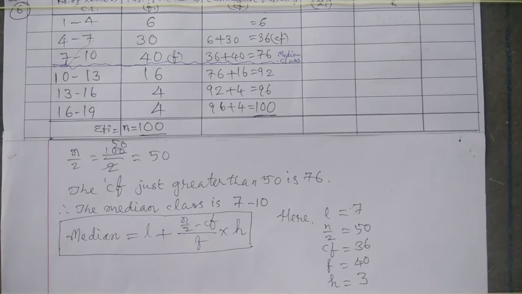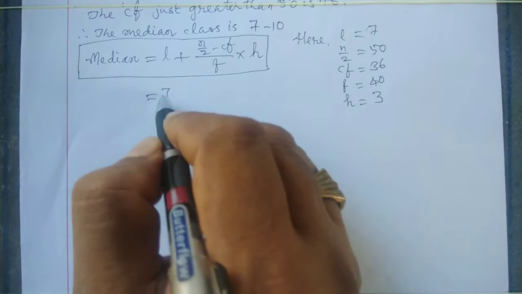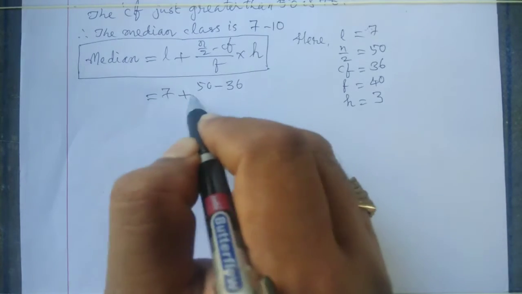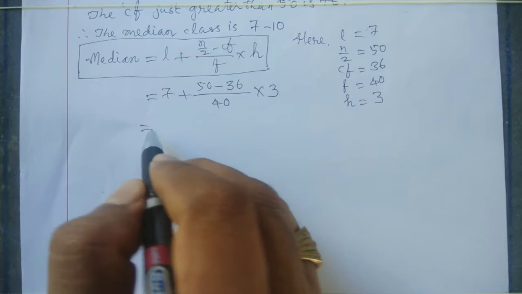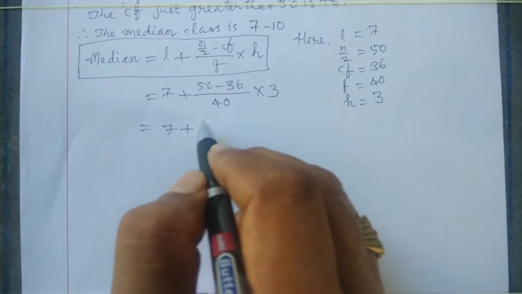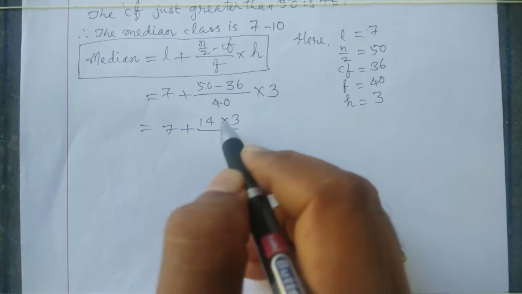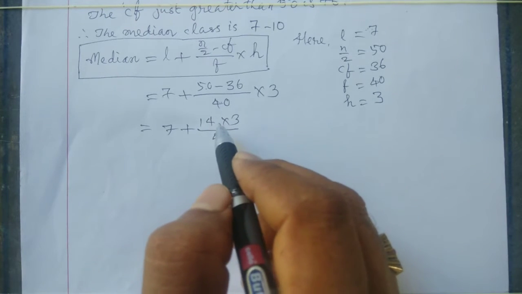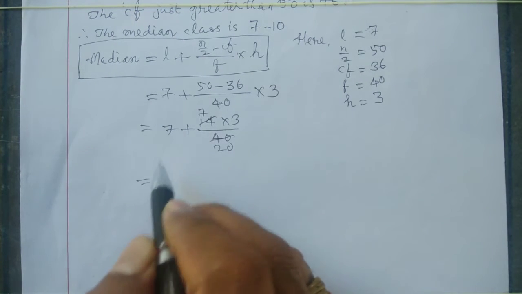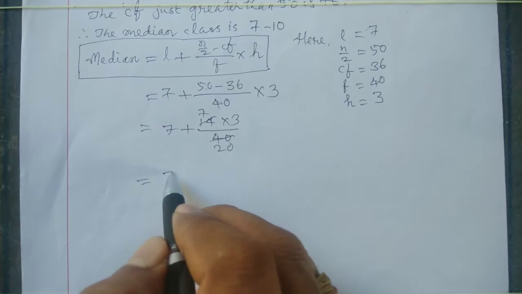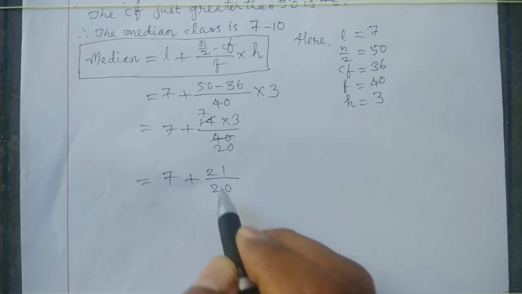Now we have to substitute these values in this formula. Median is equal to L, 7, plus (50 minus 36) by 40 into 3. 50 minus 36 is 14, into 3 by 40. 7 plus 14 times 3 is 42 by 40.